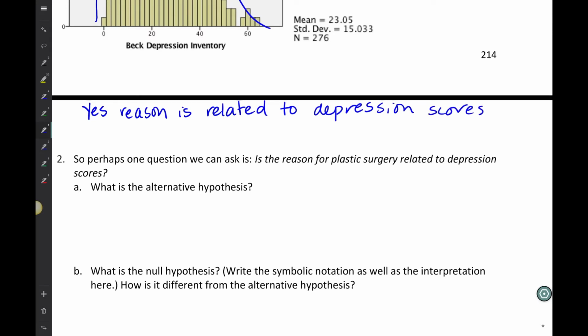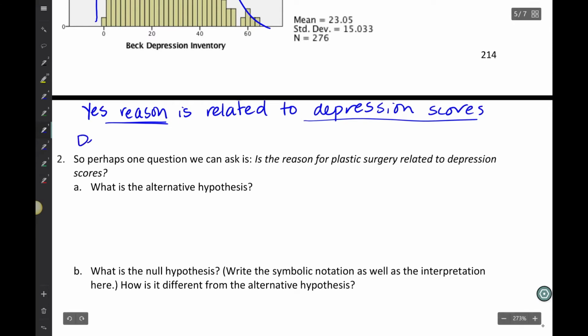So if the reason why they are having cosmetic surgery is related to how depressed they feel, then would we expect the two different reasons to have the same depression score? Right?